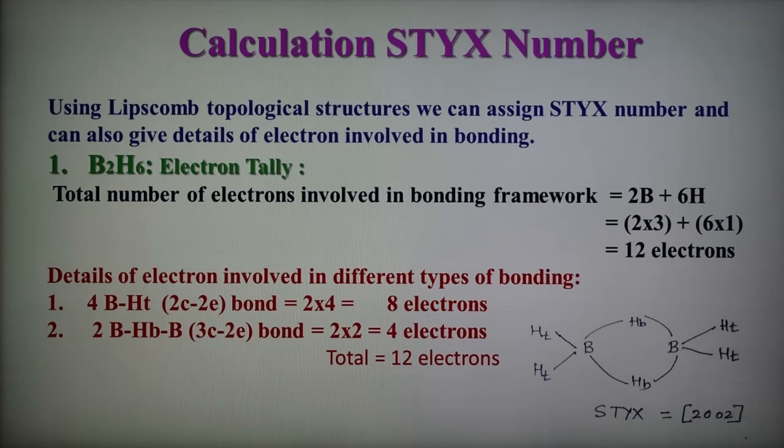W.N. Lipscomb showed topological structures, and by using that structure we can assign the styx number to the boranes, and it gives the detail about the electrons involved in the bonding. So here the electron tally is there. The first example we are taking is diborane, in which the electron tally is shown here.